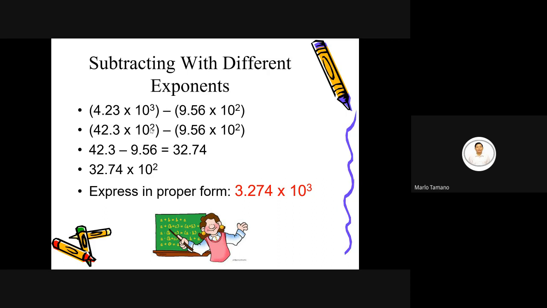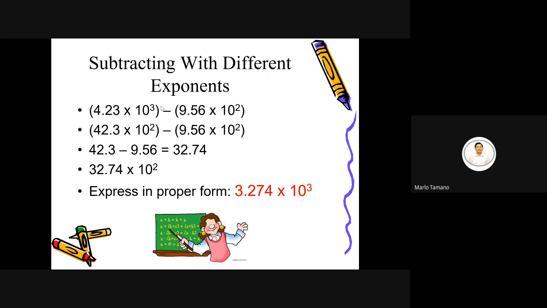The absolute value of 3 is 3, and of negative 1 is 1. So 3 minus 1 is 2, and the sign is positive. So we now have 42.3 times 10 to the second power minus 9.56 times 10 to the second power. The exponents are now the same.